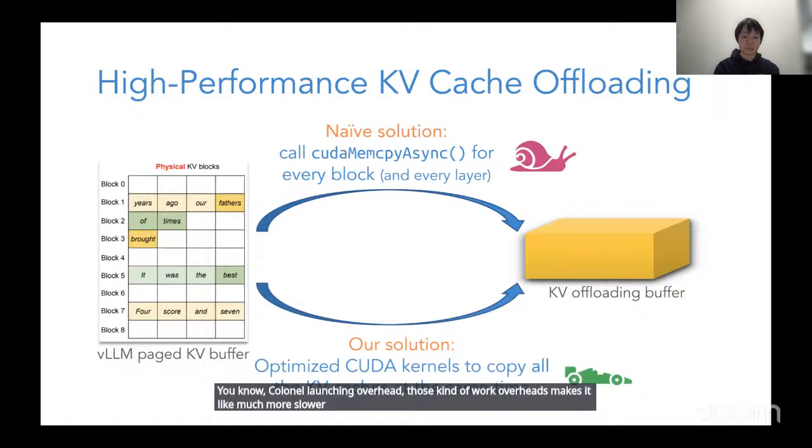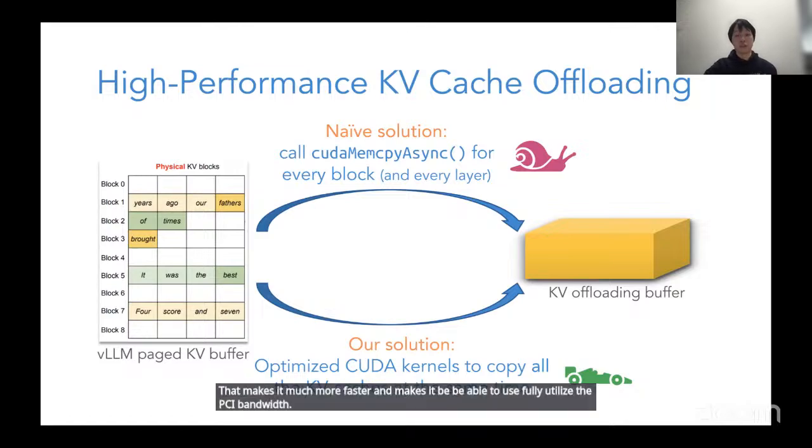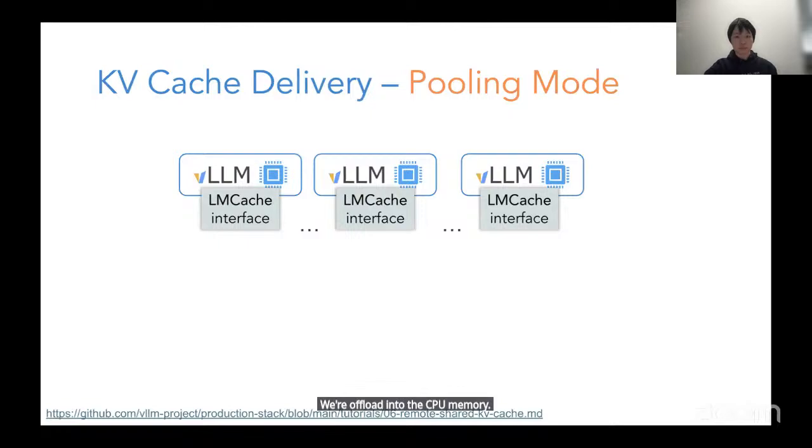Our solution is to use optimized CUDA kernels to copy the KV caches from all the blocks and all the layers at the same time within a single kernel launch. That makes it much faster and able to fully utilize the PCIe bandwidth when offloading to CPU memory.